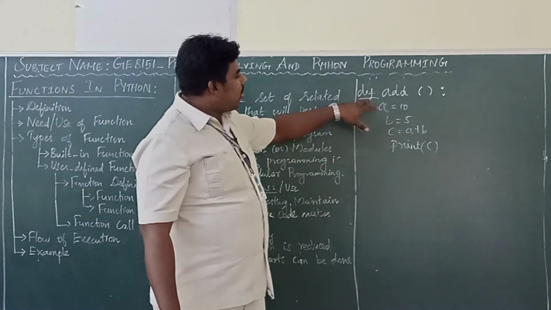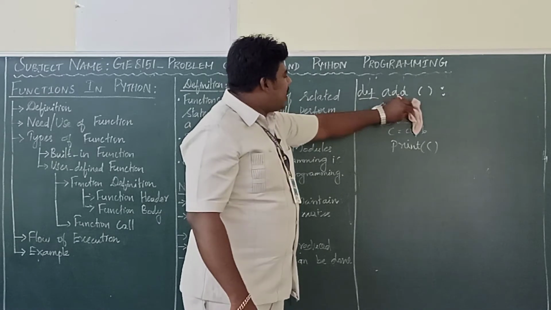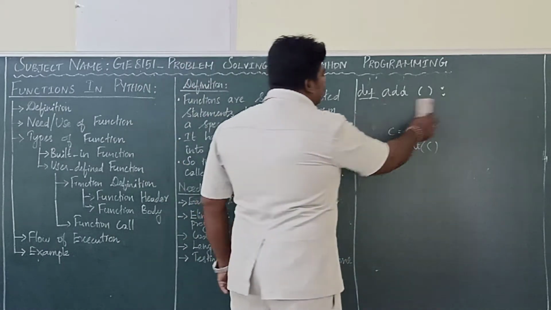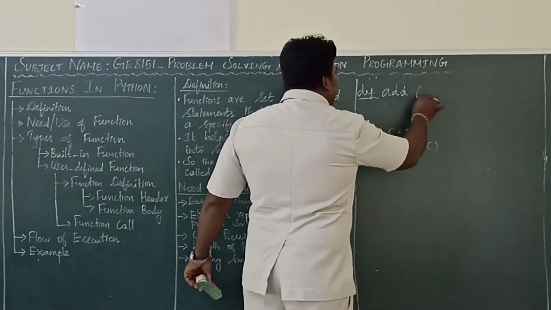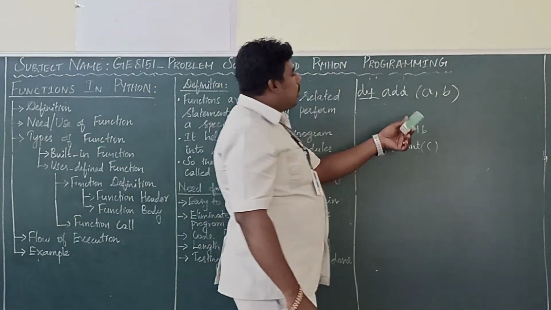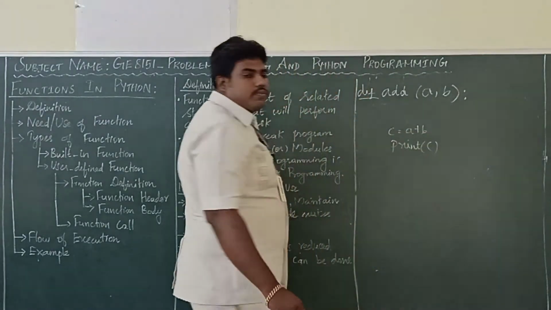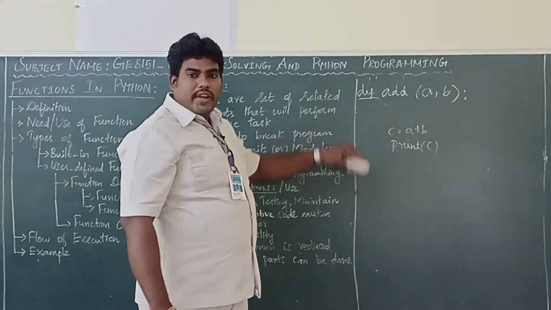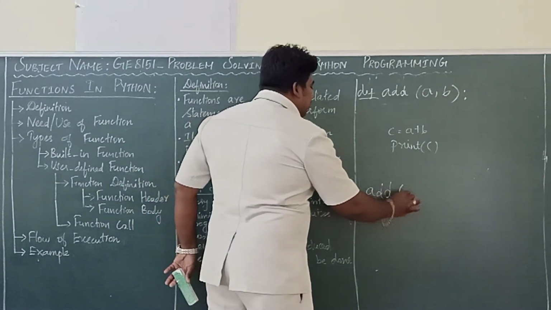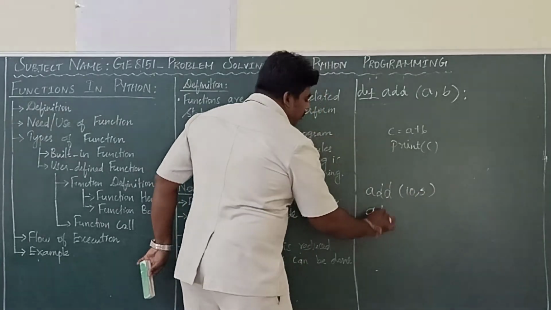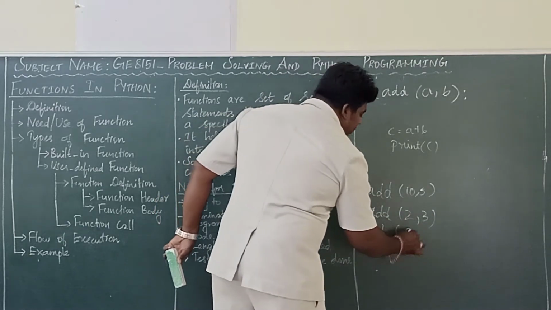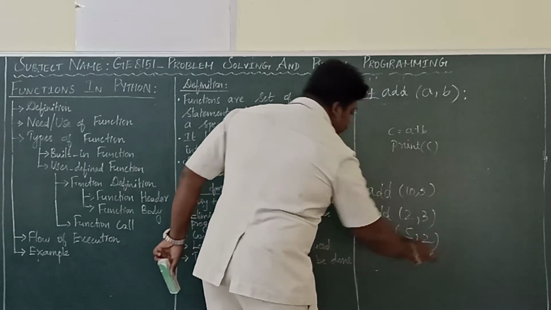Here, instead of putting fixed values, I am adding the a value and b value here. Instead of a equal to 10, b equal to 5, here itself I add a and b. Now, instead of writing 100 times, how am I using it? Just see: add(10, 5), add(2, 3), add(5, 2).